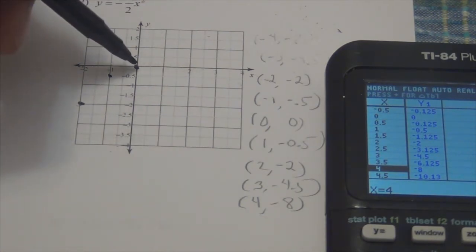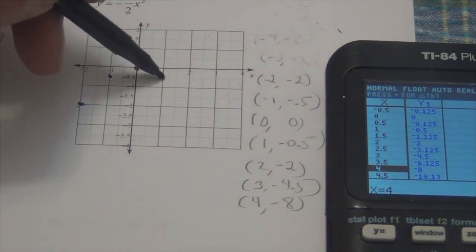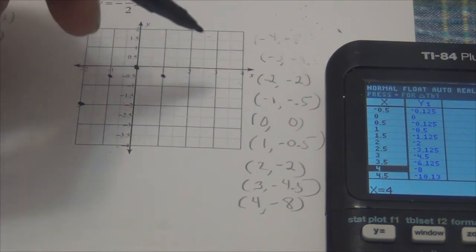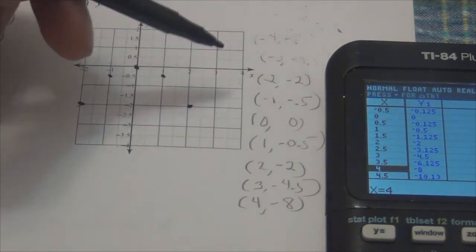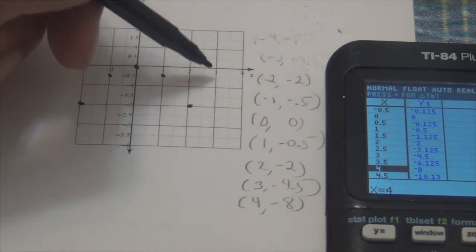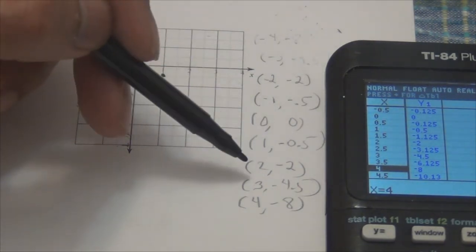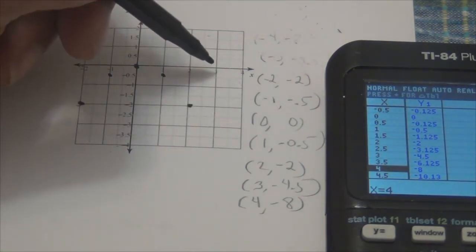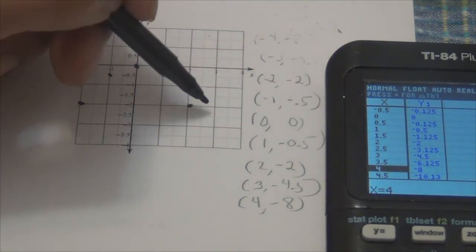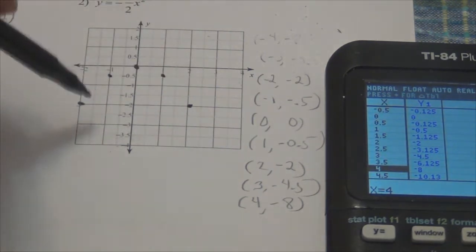Of course, this is the turning point. So now 1, negative 0.5, and 2, negative 2. Then 3, negative 4.5. I don't have that, so I will stop here.